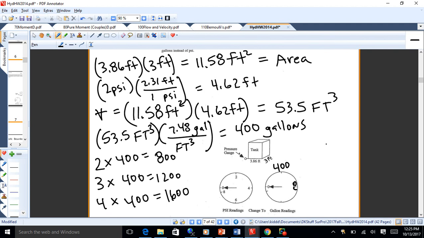So that's what you're going to do with the gauge, okay? So that's how that would go. If you look at a modern readout on a computer screen, that's how it's done. They use a pressure transducer, which sends a signal that tells what the depth is, and from there the volume can be calculated.